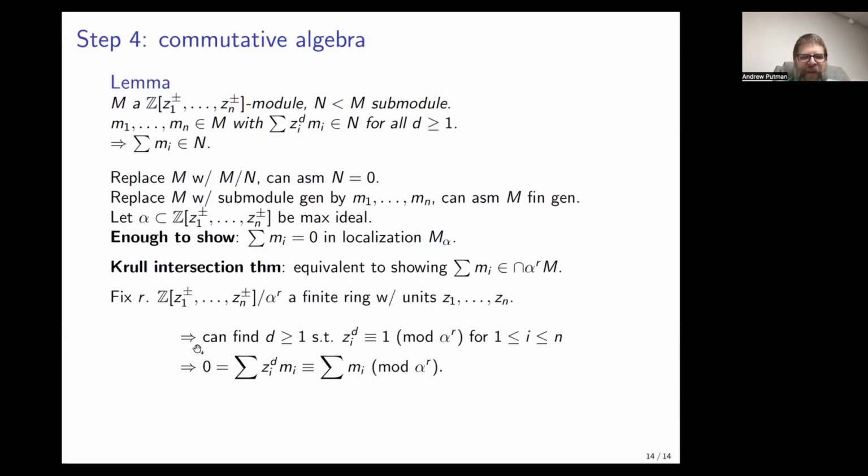So that means that 0 is equal to, well, remember, I know that the sum of the z_i^d times m_i is 0, right? But now if we're working modulo alpha^r, each of these z_i^d's becomes 1. So that becomes the sum of m_i's mod alpha^r. So that means that the sum of the m_i's is equal to 0 mod alpha^r. Therefore, the sum of the m_i's is inside alpha^r M, which is what I wanted to prove.